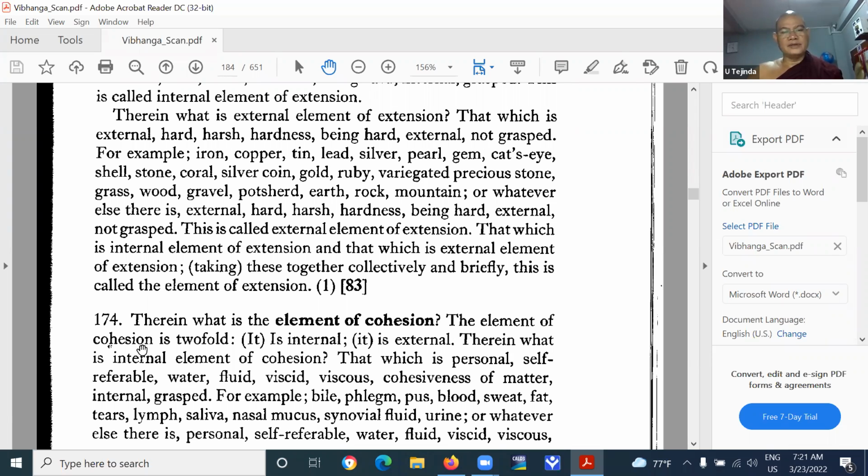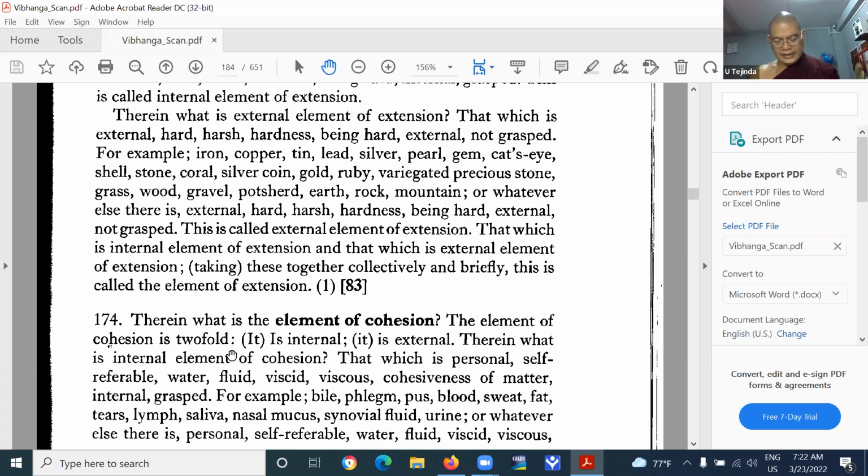But according to this, dwe ayan, this element of cohesion is twofold, internal and external. Among the two, internal and external, what is the cohesion element?